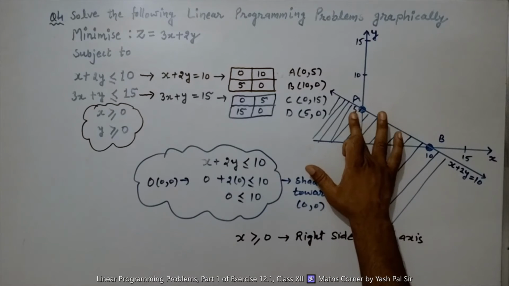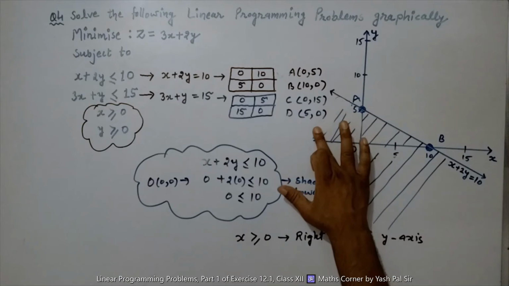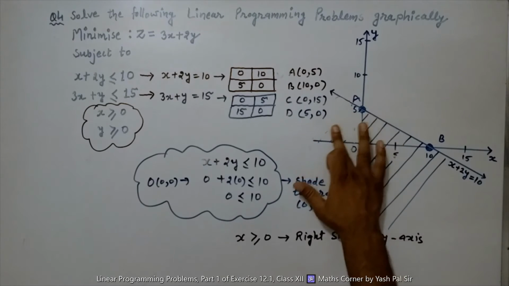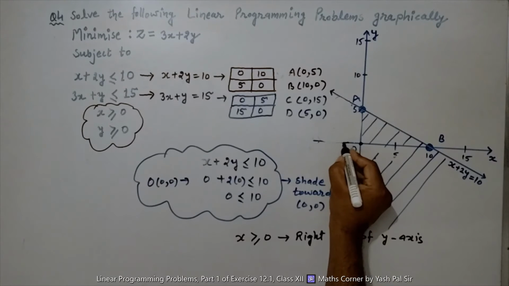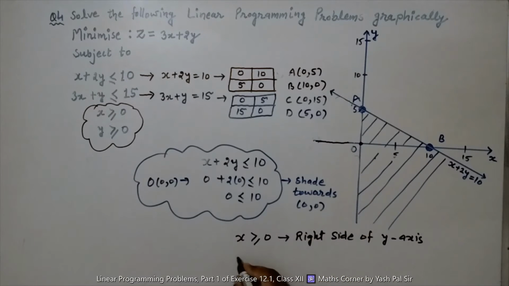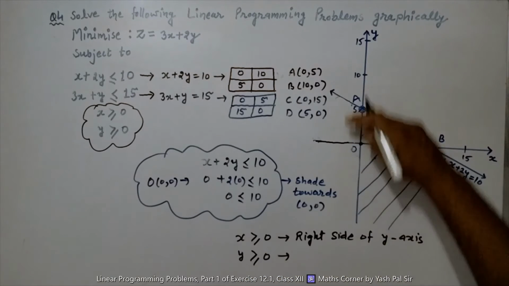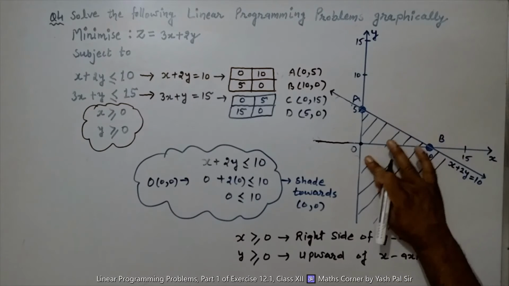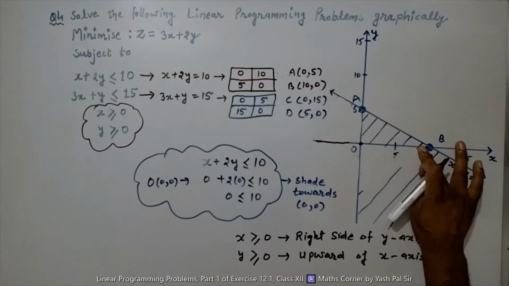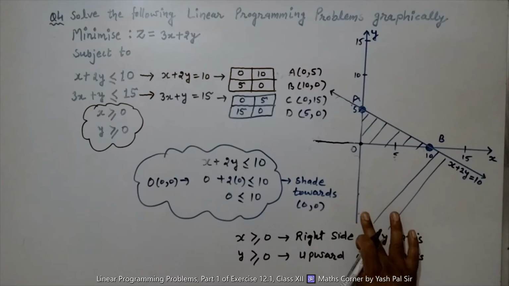Only the right side we have to shade. Right? So this way only the right side we are taking. y is greater than or equal to 0 means upward of the x-axis. So the downward portion is erased.